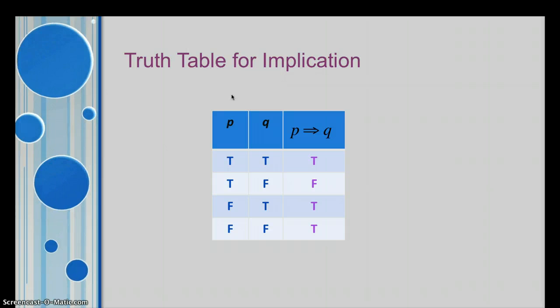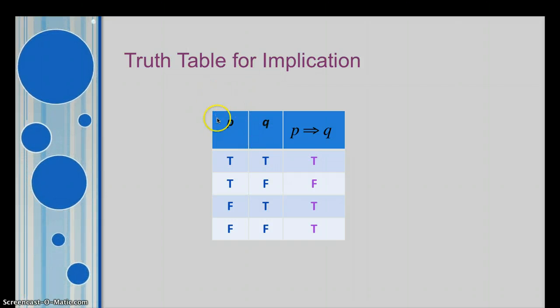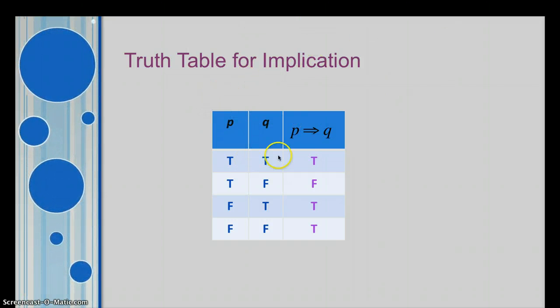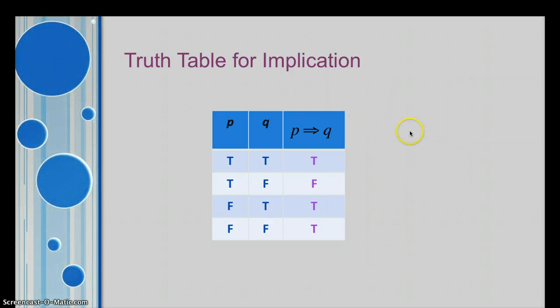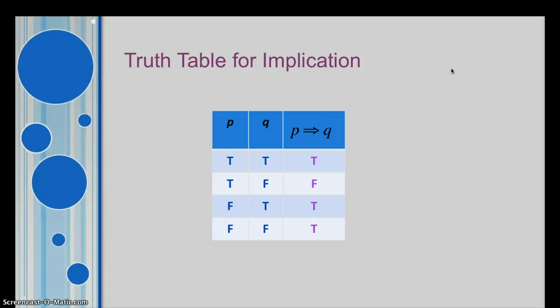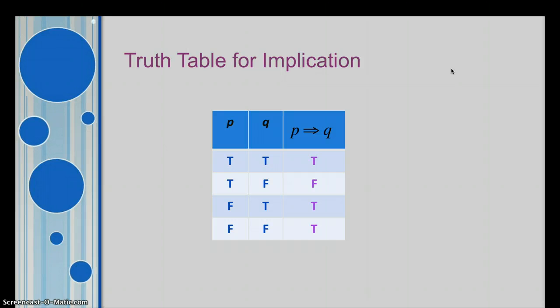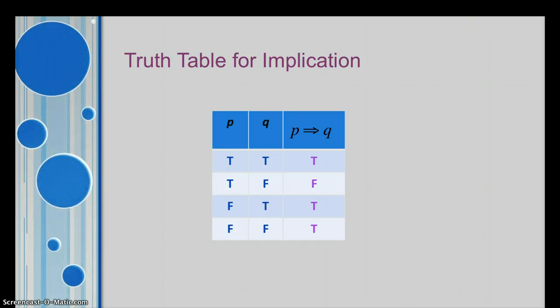If the first proposition is false and the second is true, the implication is true. If both are false, the implication is also true. Take note that the only time it's going to be false is when your first proposition is true followed by a false proposition.